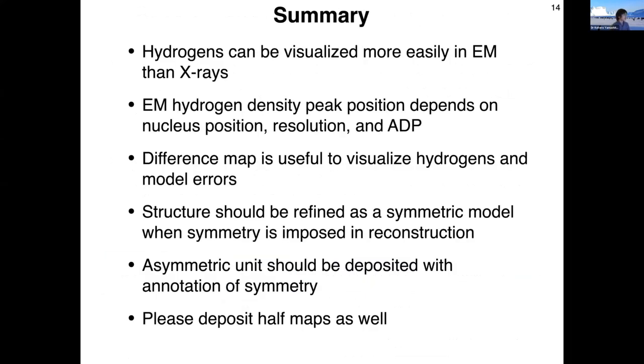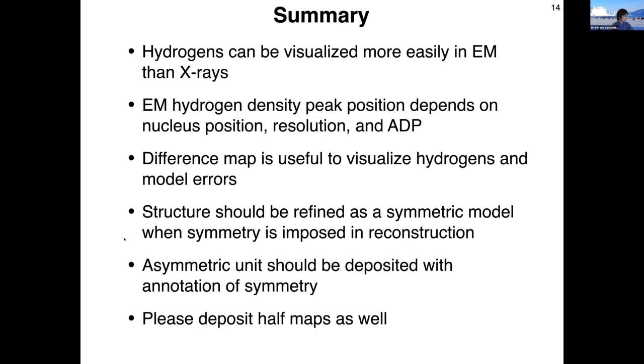So in summary, hydrogen atoms can be visualized more easily in EM than in X-rays, but hydrogen density peak interpretation is a bit complicated because it depends on nucleus position, electron density position, resolution and ADP. And the F_o-F_c difference map is very useful to see hydrogens and model errors.